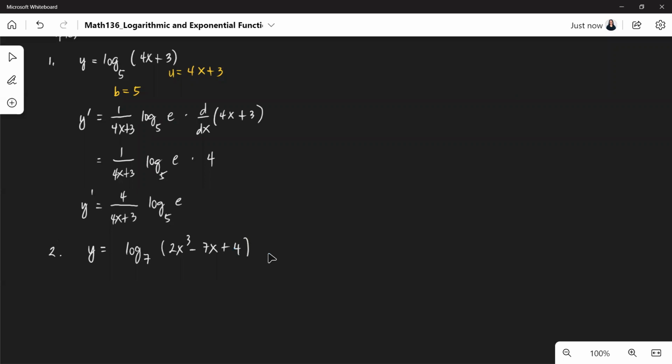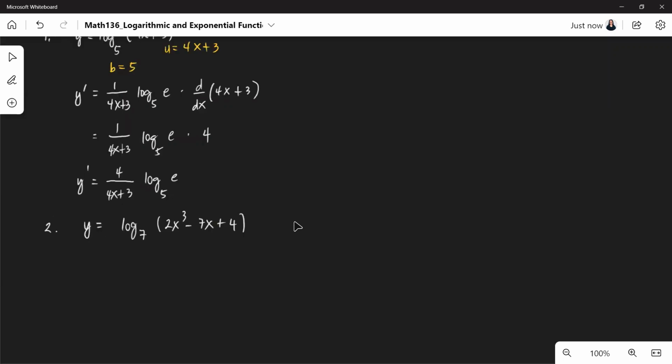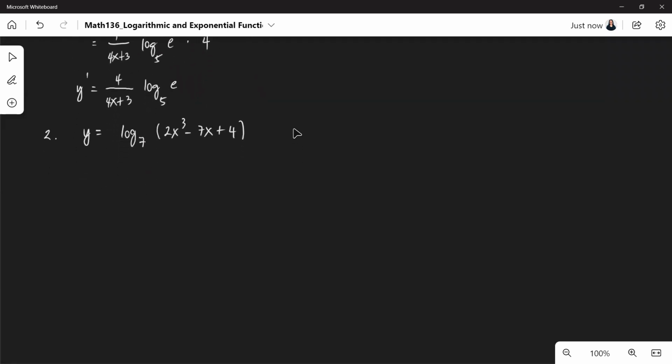Okay, since you will always be multiplying the 1 over u log of e to the base b with the derivative of u, you need to transfer that value before the log notation. So you can put the derivative of u with respect to x here, and then later the 1 over u times log of e to the base b.